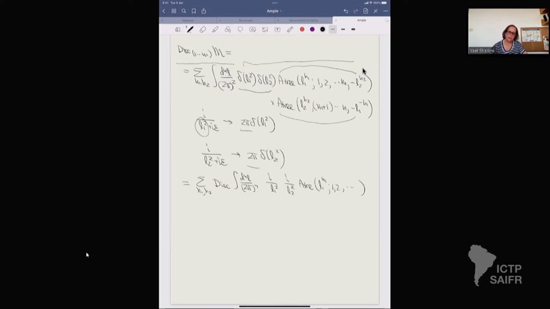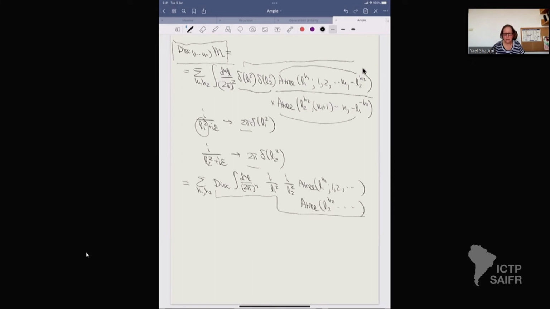It's the same expression that appears here, times A3 of L2, H2, and so on and so forth. So all we did here is, instead of looking at the discontinuity of M, we're writing the discontinuity of this integral, which is really the same thing, which is really the thing that's giving us the loop amplitude.